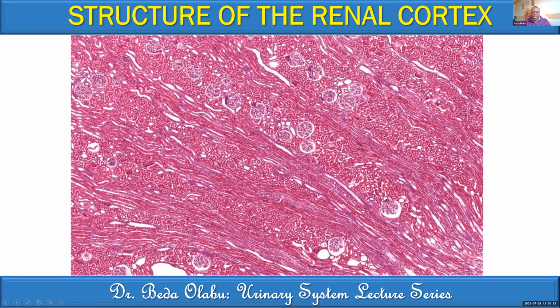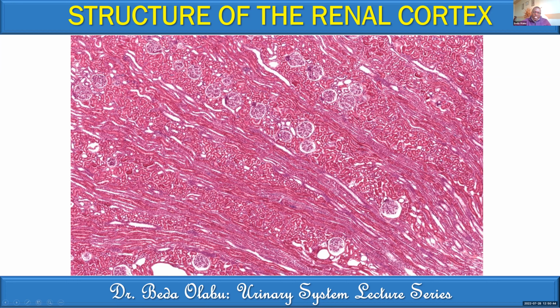Remember, the cortical labyrinth consists of the proximal and the distal convoluted tubules of the kidney. So these regions are the renal corpuscles, but between the corpuscles, we have the cortical labyrinth, consisting of the DCT and the PCT.